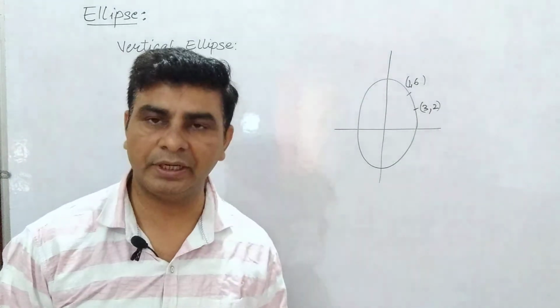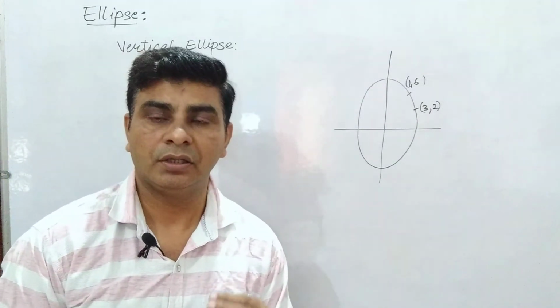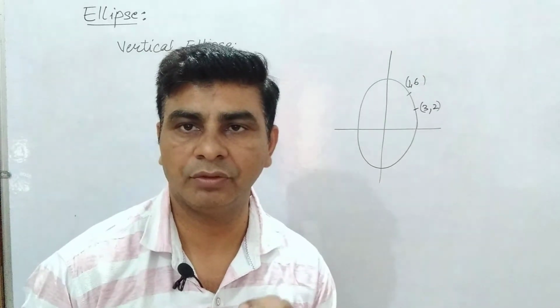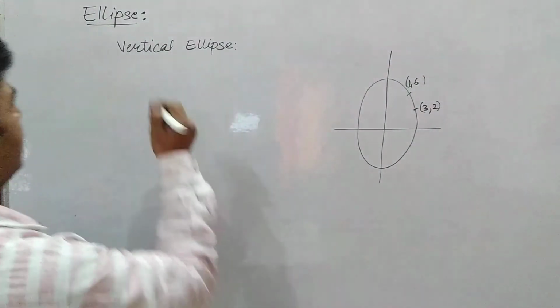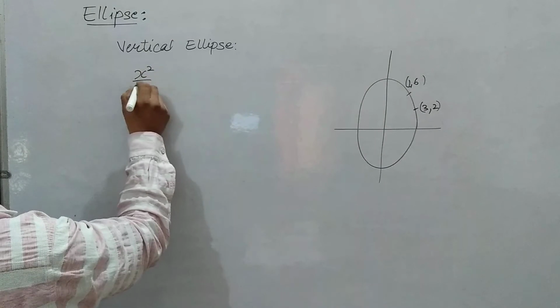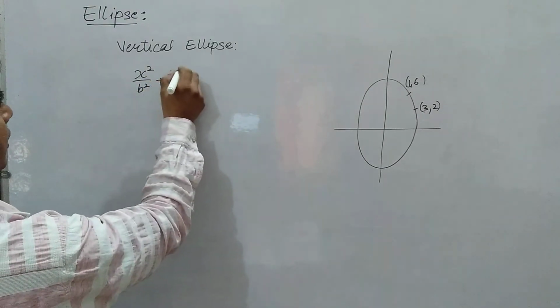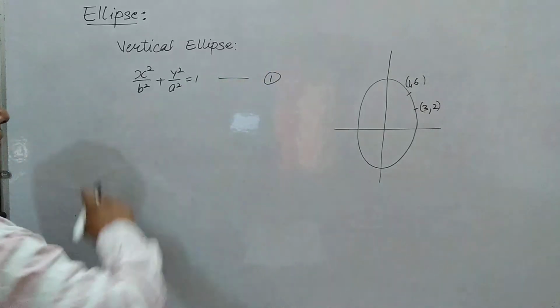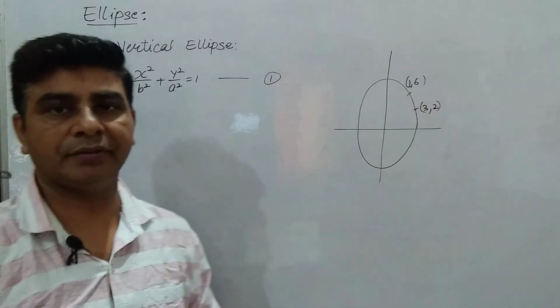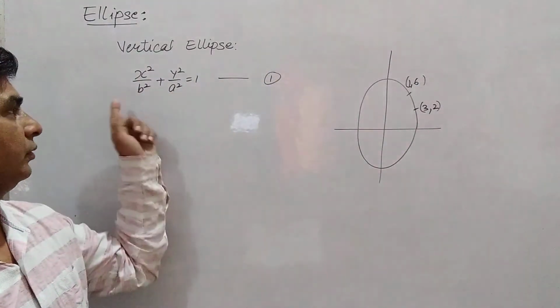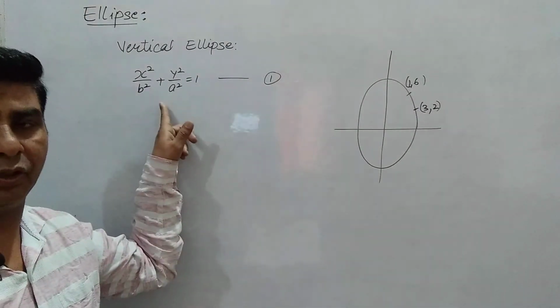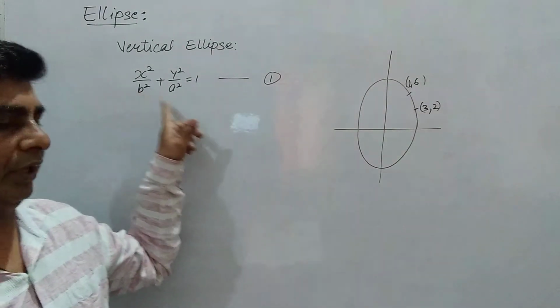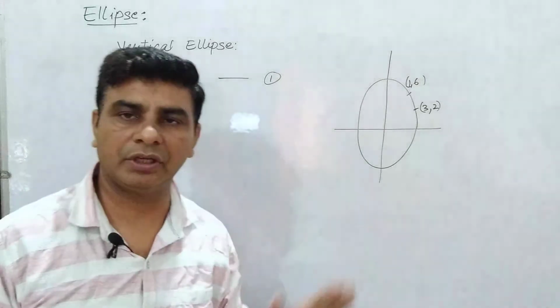Let me first write down the standard form of the equation of a vertical ellipse. This is given by x square by b square plus y square by a square is equal to 1. This is the equation which we require. The values of a and b are necessary to find. After getting the values of a and b, we can write down the equation of ellipse.